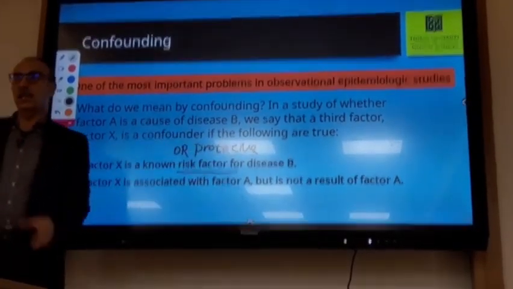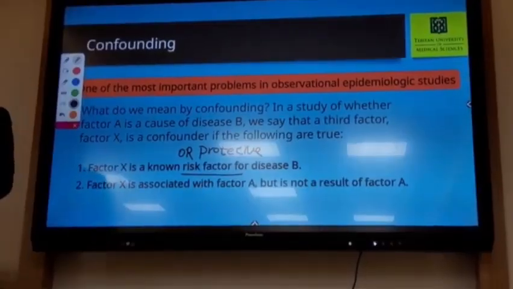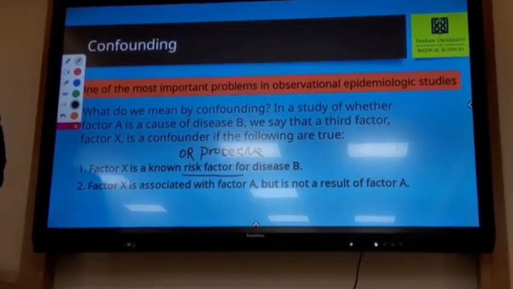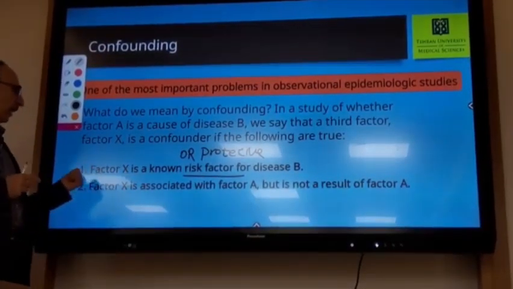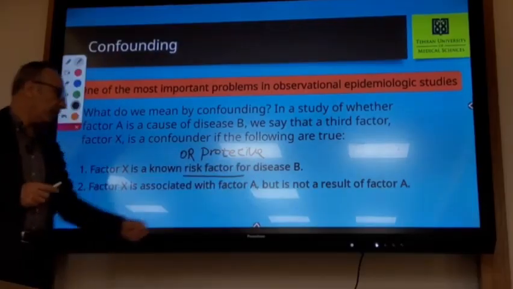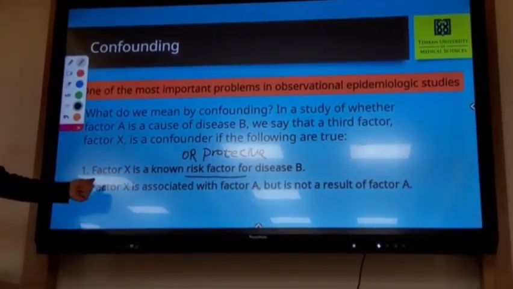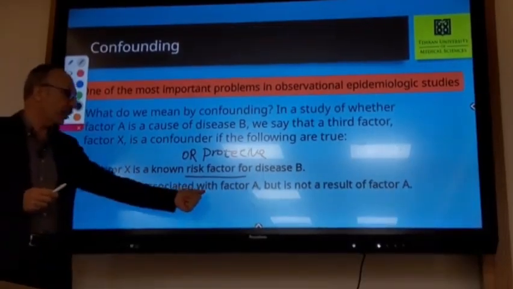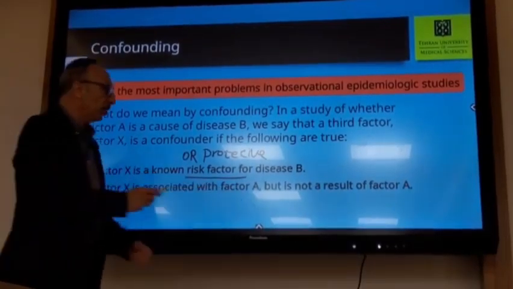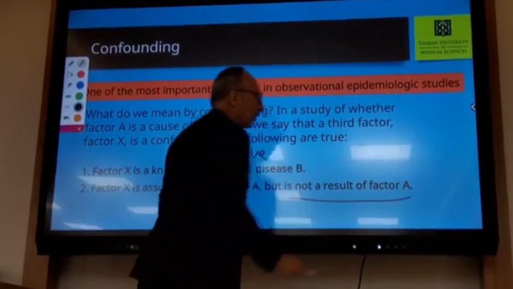It means that there should be a known causal relation between the third factor and the outcome. And second, factor X should be associated with factor A, but not as a result of factor A.